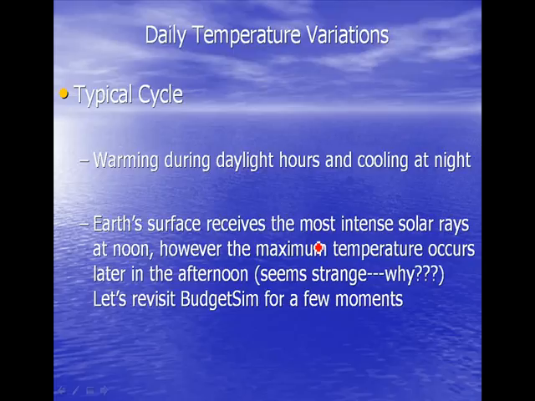And at night, we begin to cool off as the source of the incoming solar radiation, the sun, is no longer a factor in the evening hours. So again, the Earth receives the most intense solar rays at noon. However, the maximum temperature occurs later in the afternoon. Now, why is this? Seems strange, doesn't it? Well, let's revisit Budget Sim for a few moments, and I think this will make it clearer.